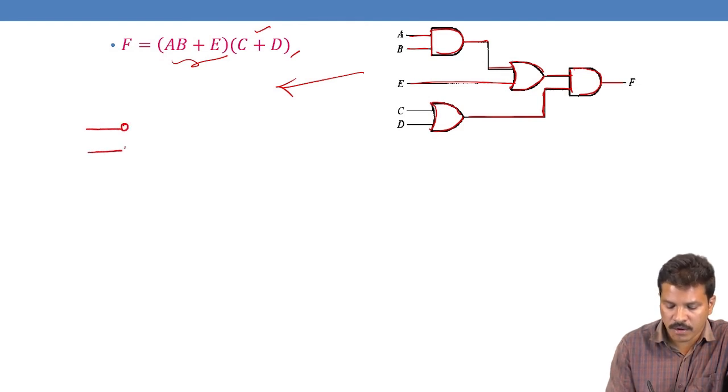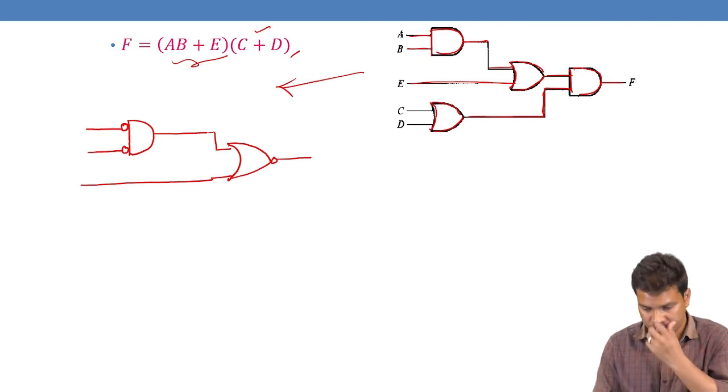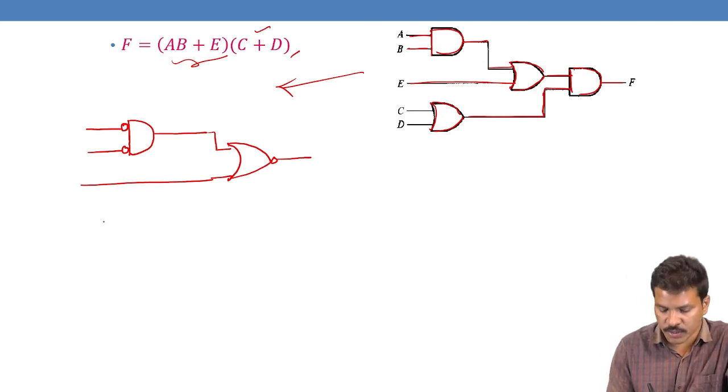Take the bubble for the AND gate, bubbled AND gate, and this one is an OR gate. So this OR gate is replaced with OR with bubble, and this OR gate is also replaced with OR with bubble.